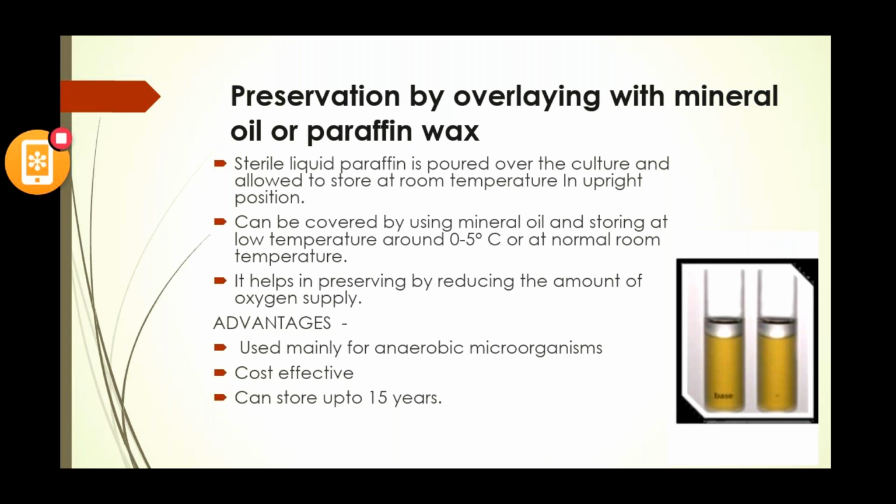Immediately we turn it back to the normal standing position, as shown in the picture, and it is stored at normal room temperature for several days. There is no subculturing required for this technique, but care must be taken while capping the test tube with a cotton plug. Complete sterile conditions must be maintained during the preservation technique. They can be stored at room temperature after placing the cotton plug also.